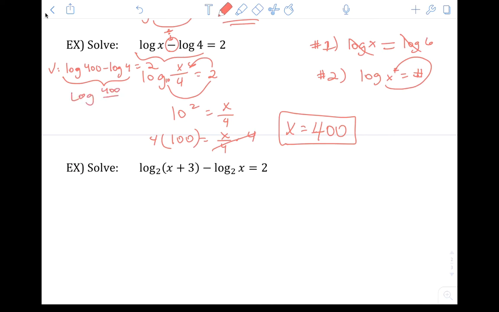That is 400 divided by 4. 400 divided by 4 is 100. The implied 10 is right there for the base. Is 10 to the second 100? Yes, it is. 400 works.